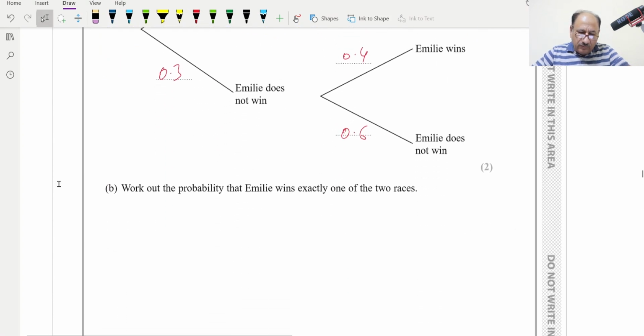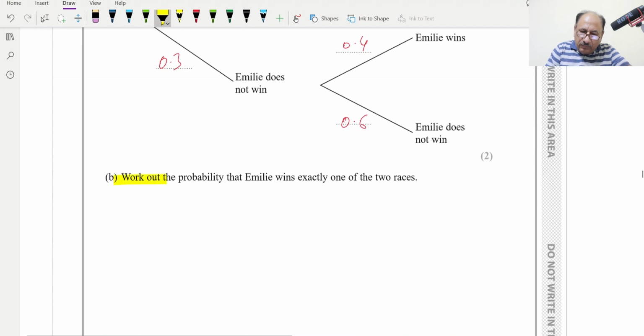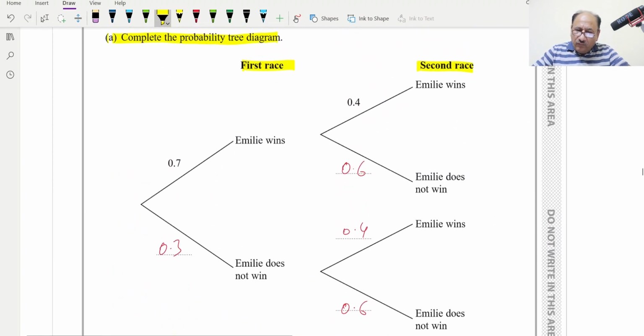Now B part: work out the probability that Emily wins exactly one of the two races. So win will be this branch and this branch. Exactly one win.